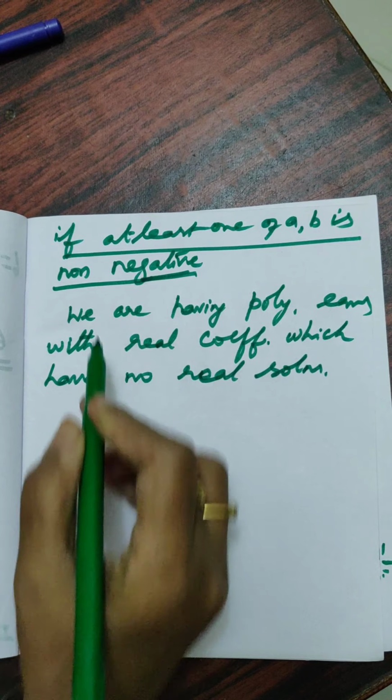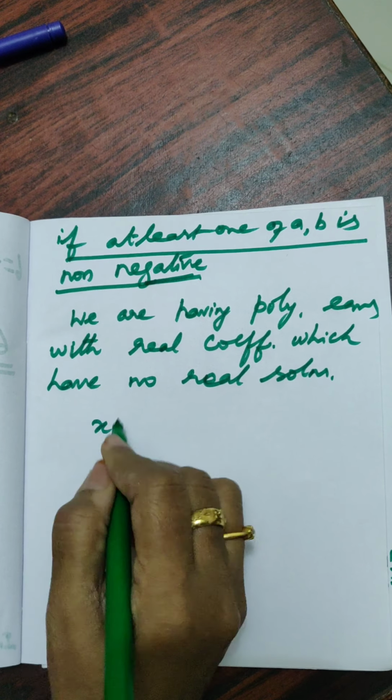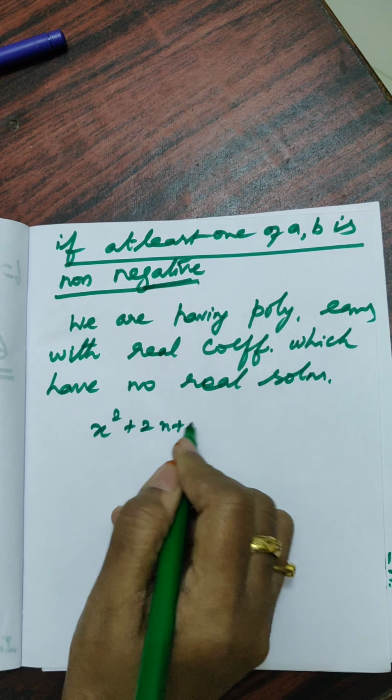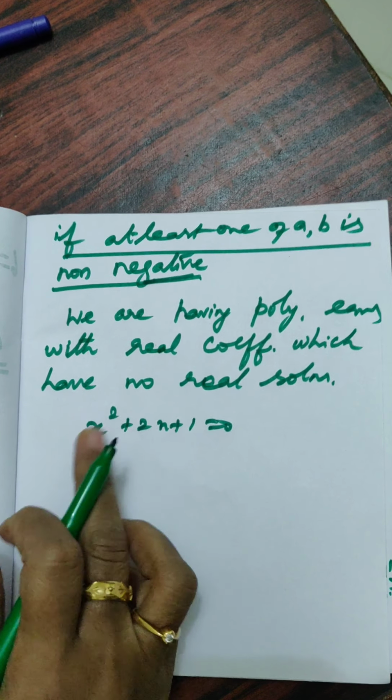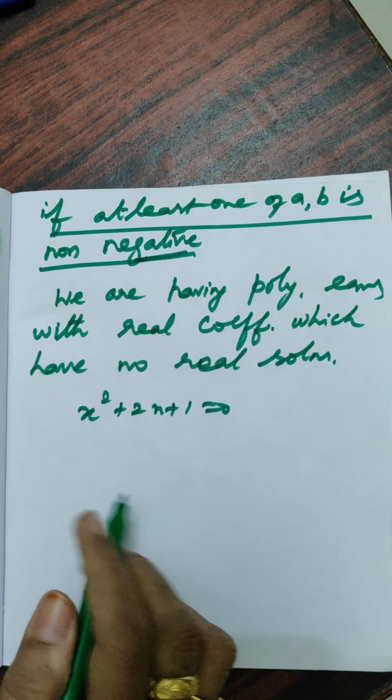What is the meaning of this? We have seen this problem, x square plus 2x plus 1 is equal to 0. Here the polynomial has real coefficients, and it has a real solution.